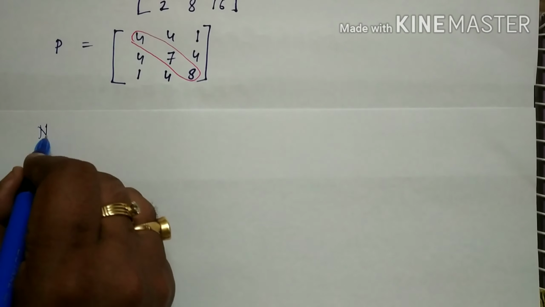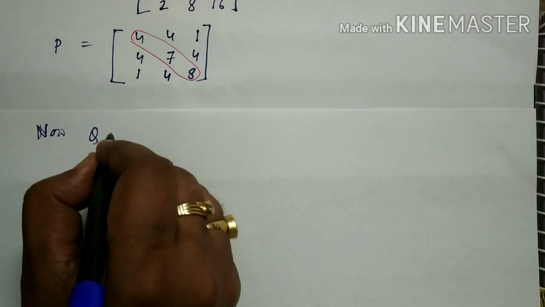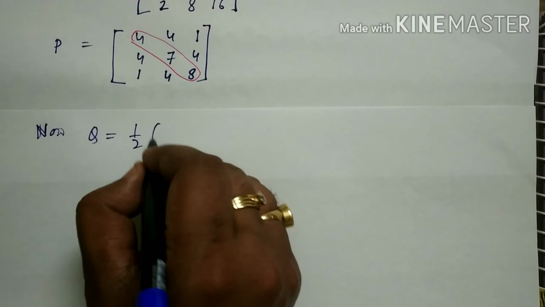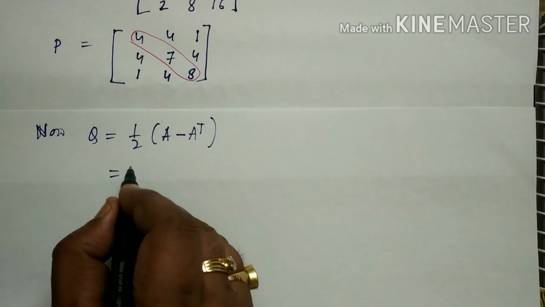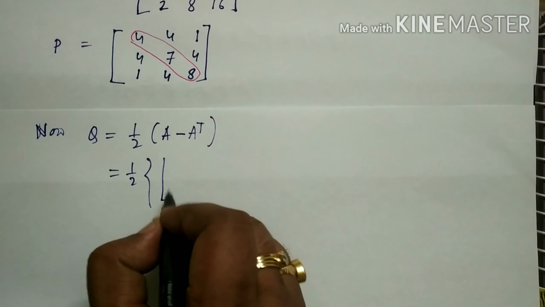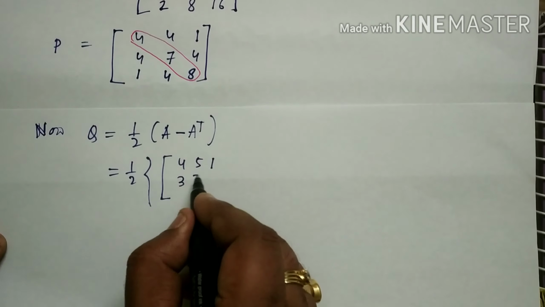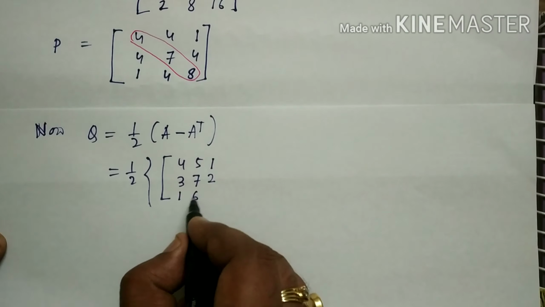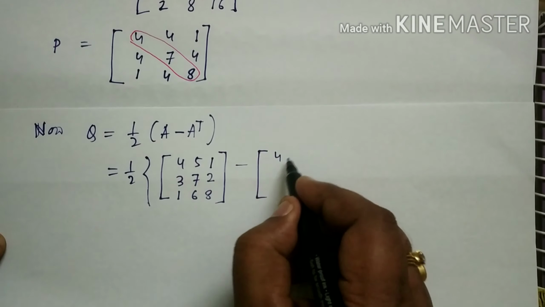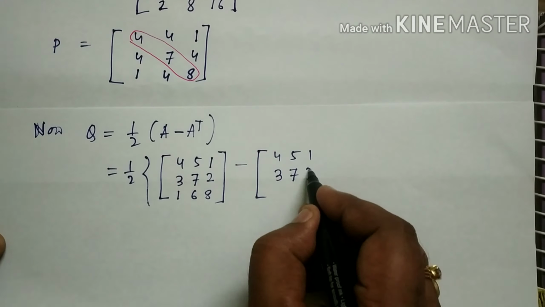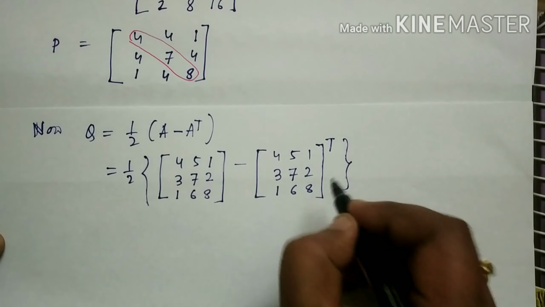Now Q is equal to half (A minus A transpose). So from here you may write half, what is your A? A is equal to [4 5 1; 3 7 2; 1 6 8] minus [4 5 1; 3 7 2; 1 6 8] whole transpose.